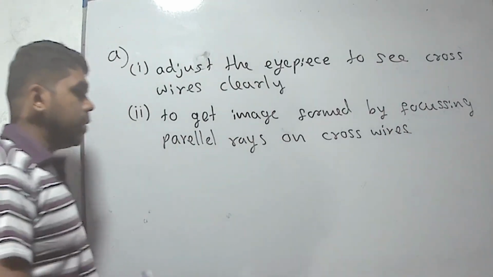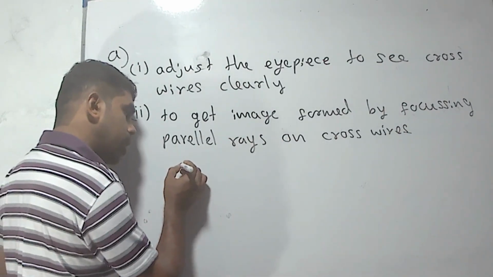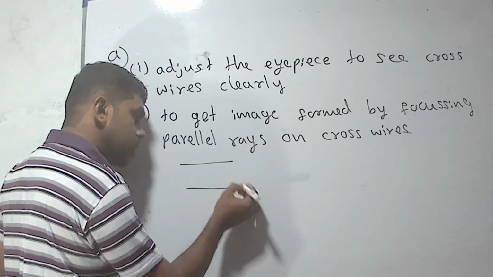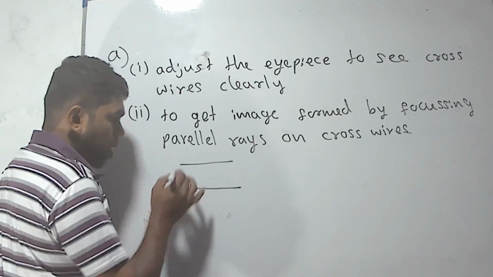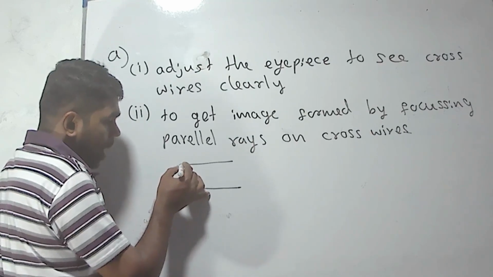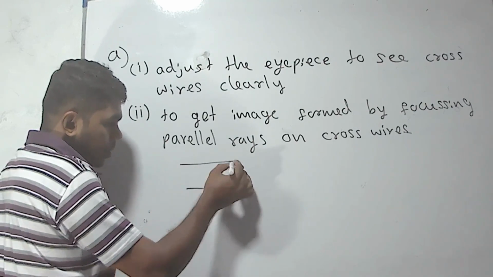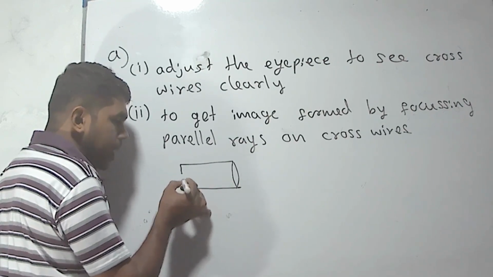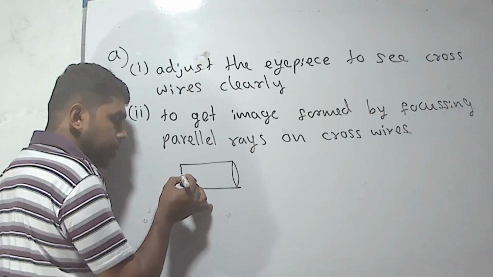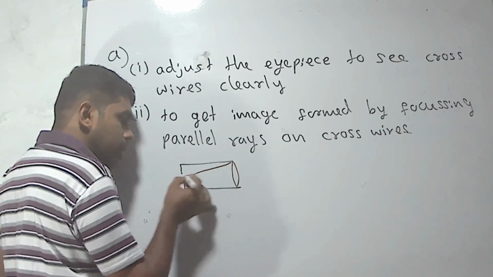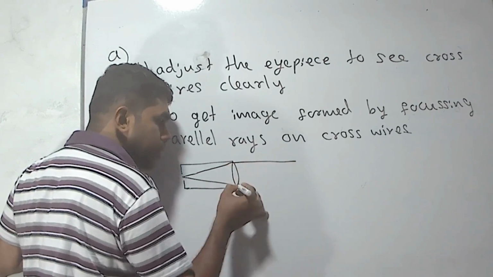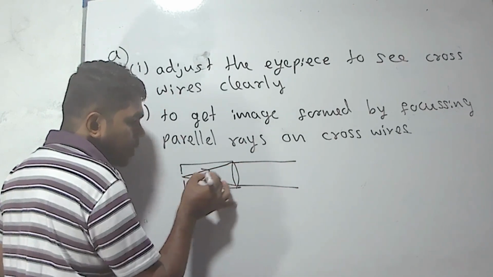We know that the rays emitted by the collimator are parallel rays. There is a slit in the collimator and it produces parallel rays. This is the collimator.